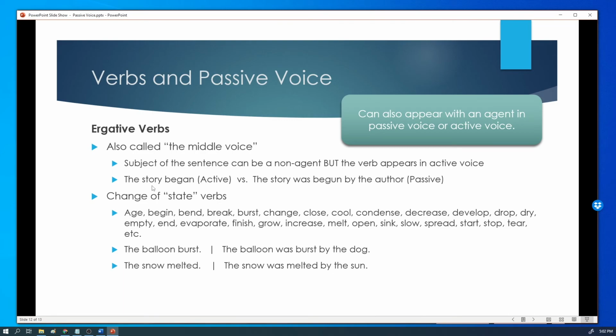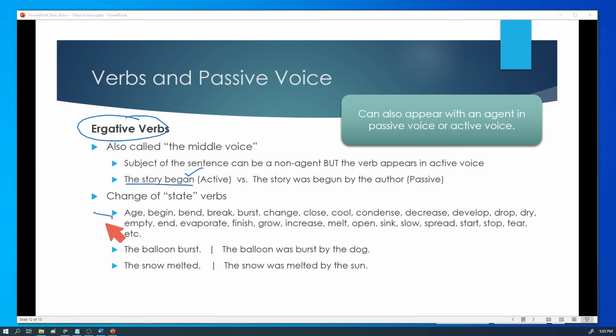Okay, so the story is actually not human and cannot do the activity of beginning. The story was begun by the author. That's passive voice. So I could say the author began the story, or the story was begun by the author, or with ergative verbs, I can say the story began, and that's correct.